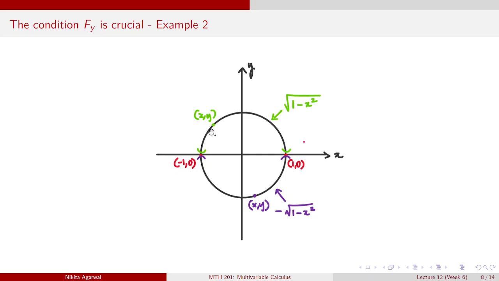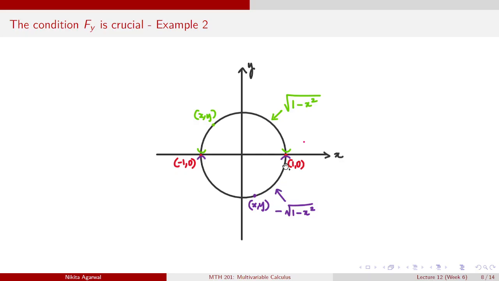Whereas if you take any point in the positive y-axis direction, let's say this green point (x, y), then you can define y equal to plus square root 1 minus x square locally, right? In a small region around this point, you can define y as a function of x which is differentiable.